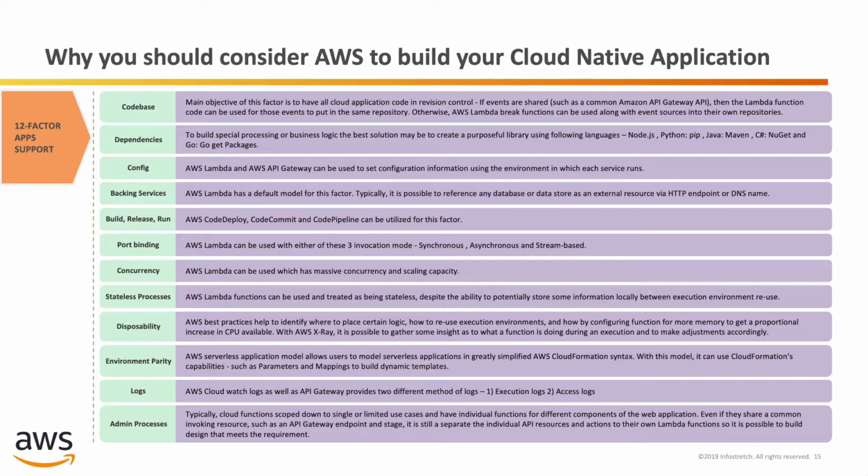Typically, you reference any database or data store as an external resource via an HTTP endpoint or DNS name, and these connection strings are ideally passed in via the configuration information. For build, release, run, there's AWS CodeDeploy, CodeCommit, and CodePipeline that can be utilized for this factor.